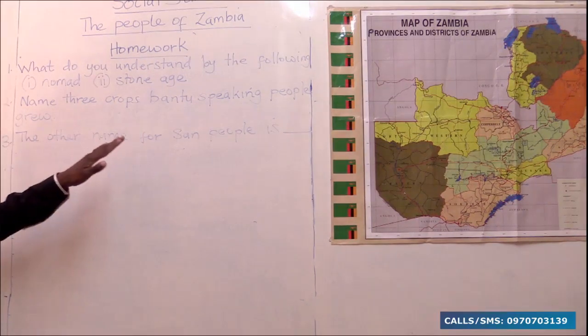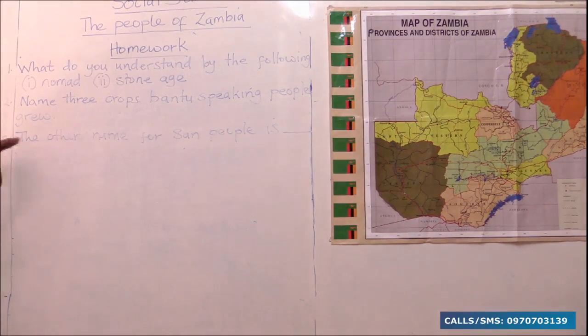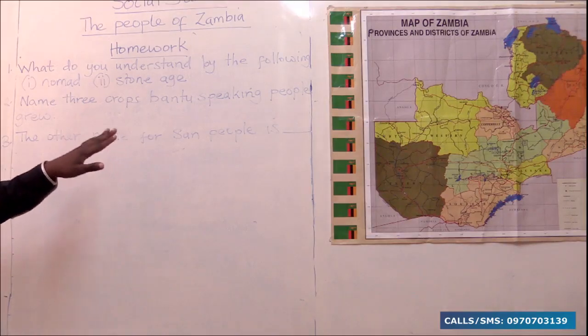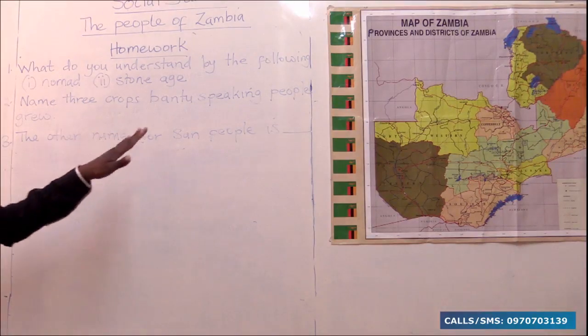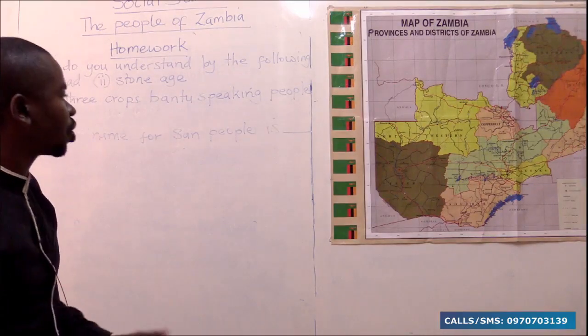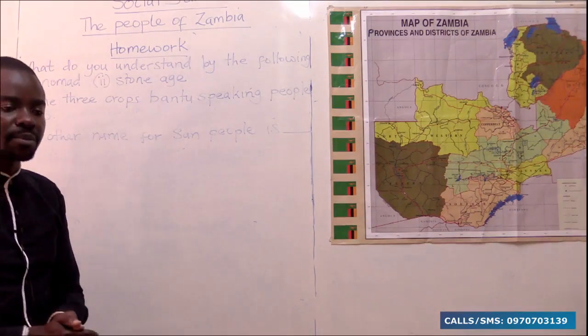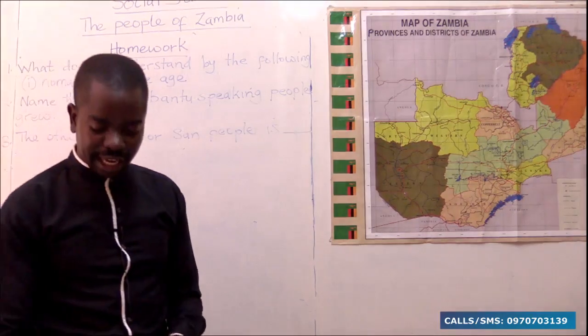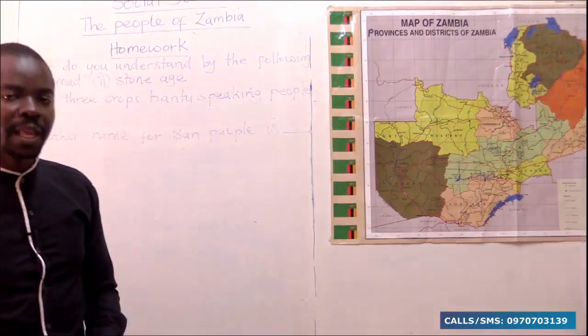Number 4, the other name for San people is dash. Boys and girls, you can copy in your exercise books, and then when we meet again, we'll pick it up from there.